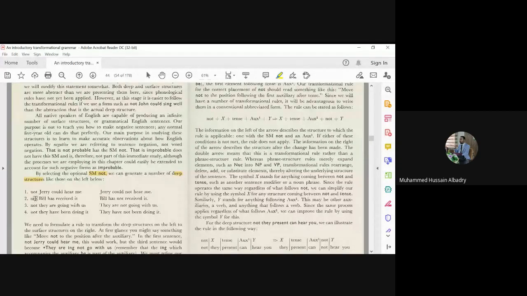Not Jerry could hear me. اوكي حتى تحولها surface structure، تجيب النوت وين تخليها؟ ورا could تخليها. Has، النوت تخليها ورا has. The half not، didn't كذا etc.